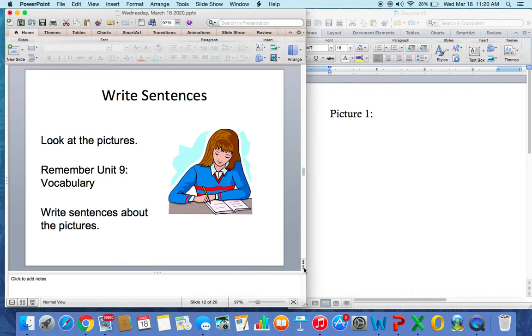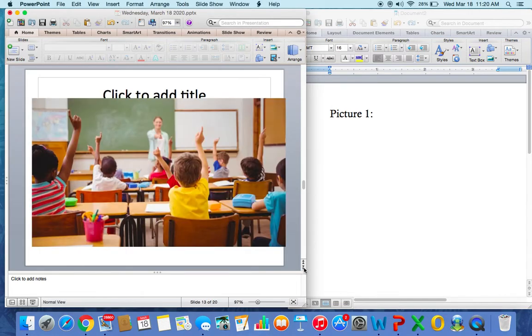So here's the first one. You can write about where they are. So notice the question where. Where are they? You can write a sentence about that. You can write a sentence about what they are doing.